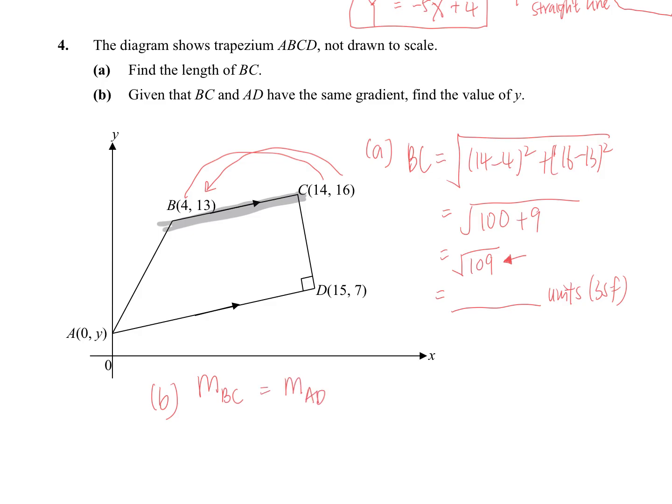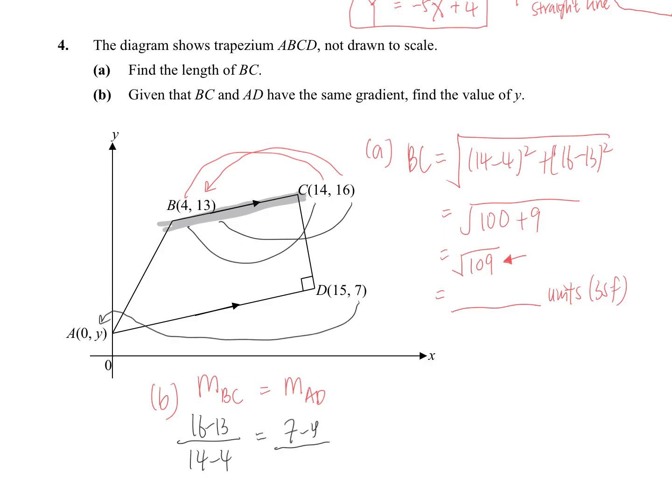So gradient is Y2 minus Y1. 16 minus 13. Okay, and then 14 minus 4. Same thing, 7 minus Y. And then X minus 0.